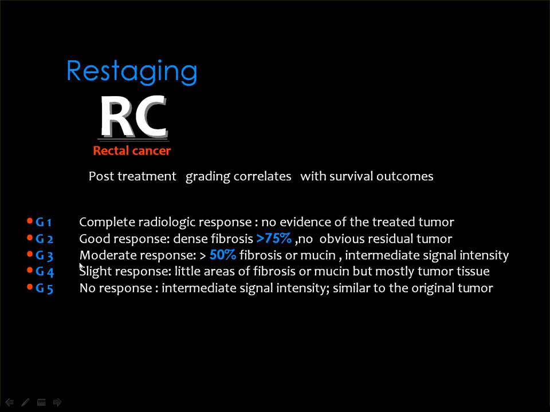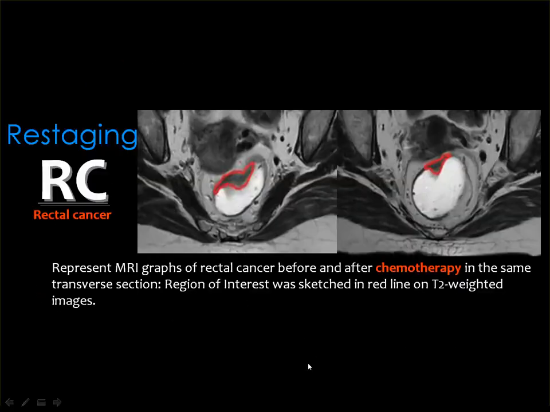Grade 3, moderate response with more than 50% fibrosis or mucin. Grade 4, a slight response with little areas of fibrosis and most large area of tumor tissue. Grade 5, no response.